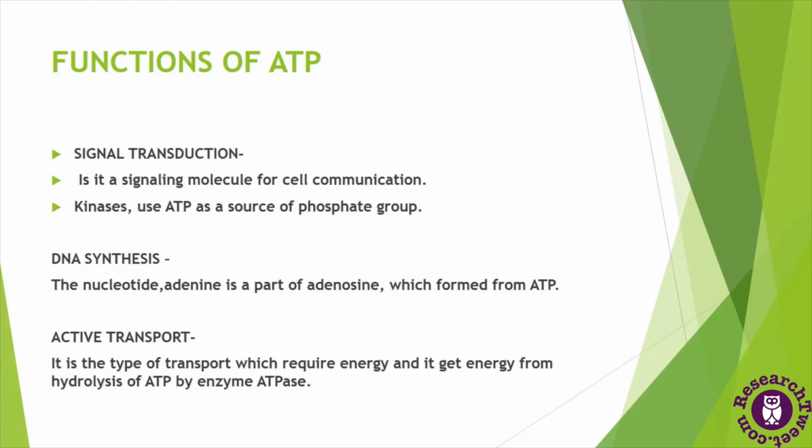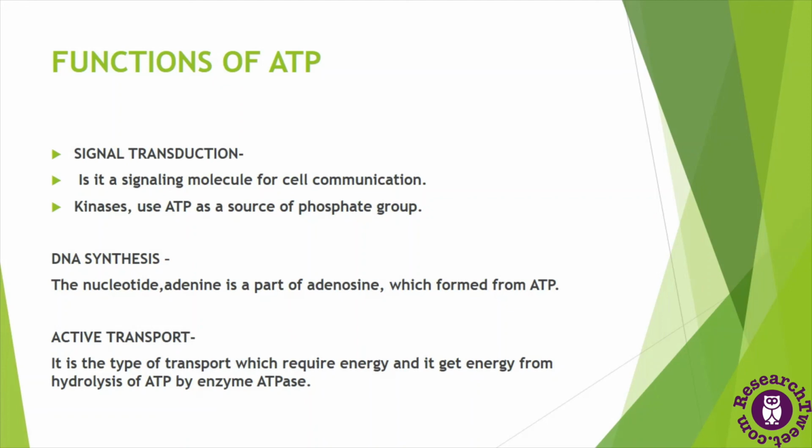Another function of ATP is DNA synthesis because adenine is a nucleotide base which is part of adenosine. And this adenine is formed by the ATP because it consists of the adenosine group. And similarly, the other nucleotides like guanine, cytosine and thymine are made up of GTP, CTP and TTP respectively.